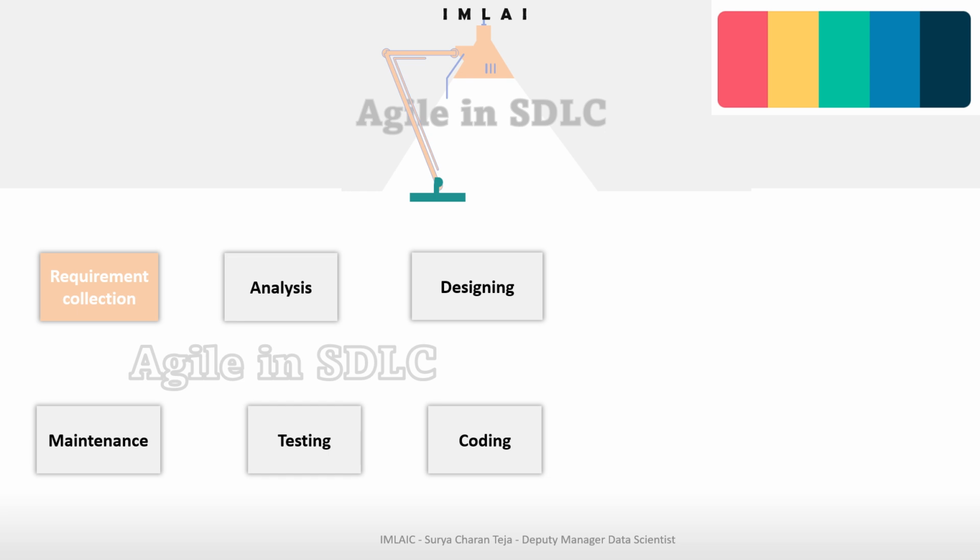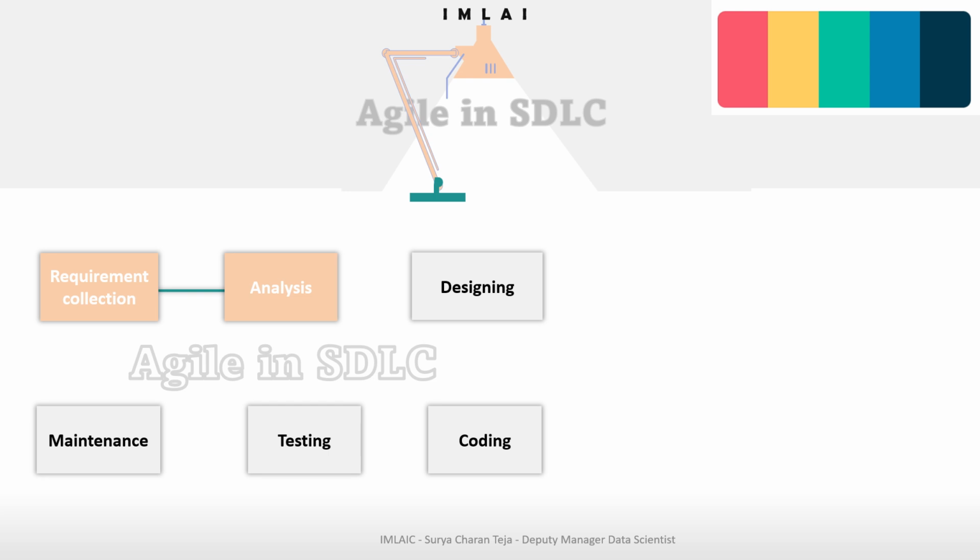The team follows the software development life cycle phases. It begins with requirement collection, as we know. It's the first stage of a software development life cycle, and then it will move on to analysis. After analysis, it will jump into designing.